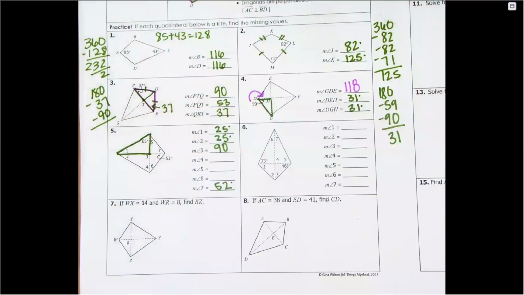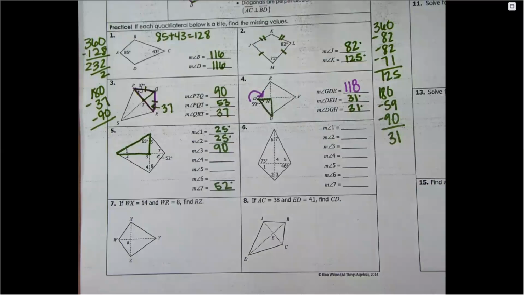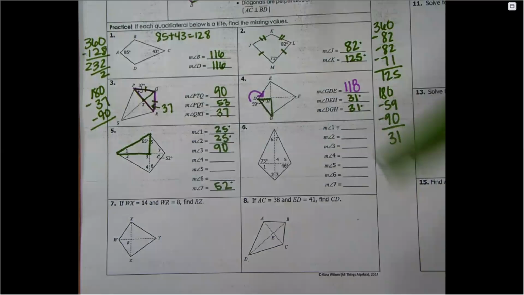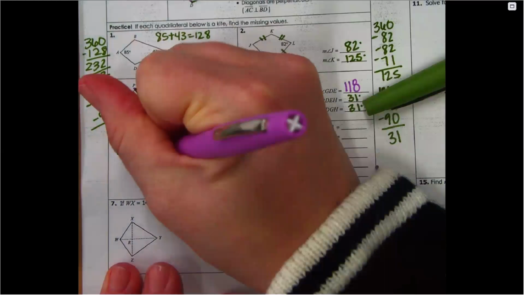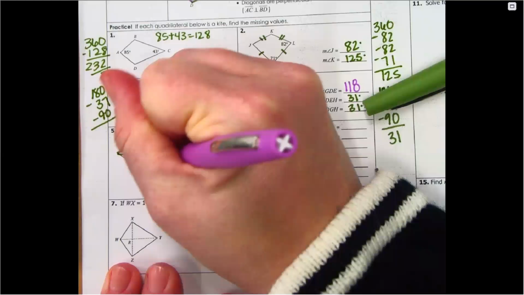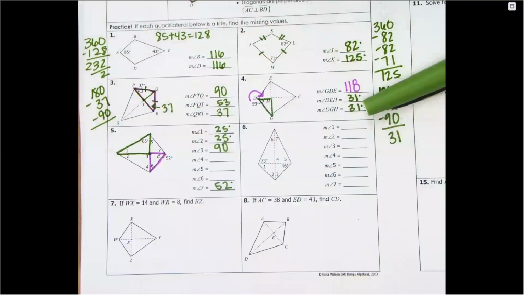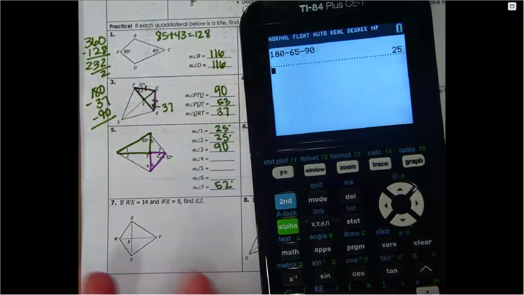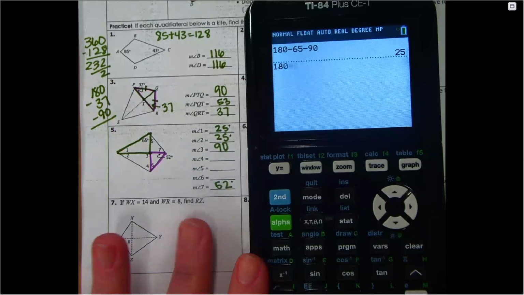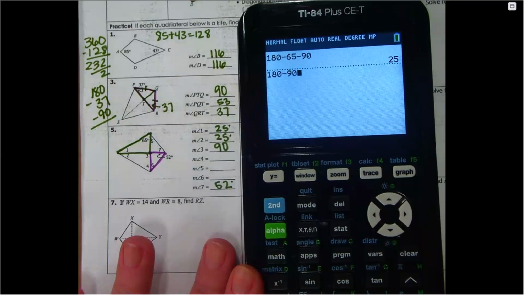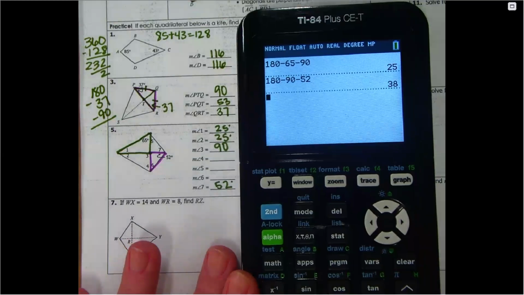All right. So now we need 4, 5, and 6. So we can do that. This time we're just going this way. What are the degrees that have already been used of the small triangle? 90 and 52. So subtract out 90, subtract out 52, and that leaves us with 38.